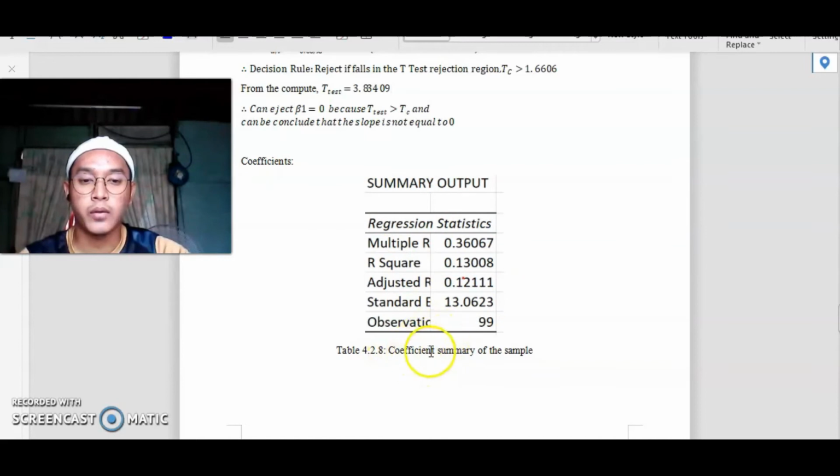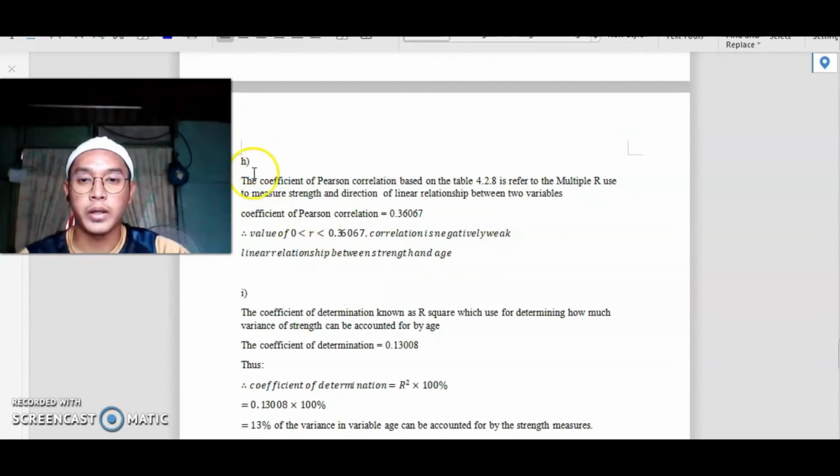Okay, for the H question, the coefficient of Pearson correlation based on table 4.2.8 refers to the multiple R, used to measure strength and direction of linear relationship between two variables.